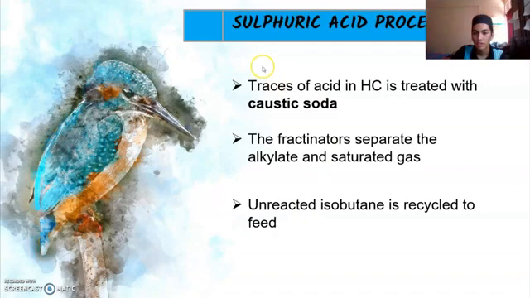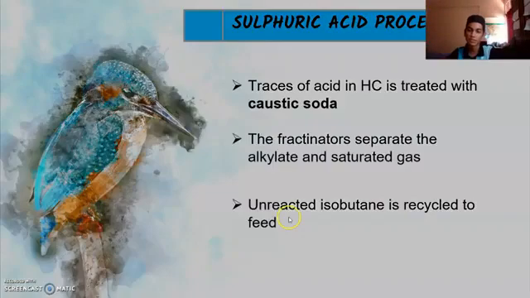After that, they go to the caustic wash, where we use caustic soda, such as potassium hydroxide, to remove traces of acid in the hydrocarbon. After that, they go to the fractionator to separate the alkylate and saturated gas. The saturated gas, which is the unreacted isobutane, is recycled to the first reactor.